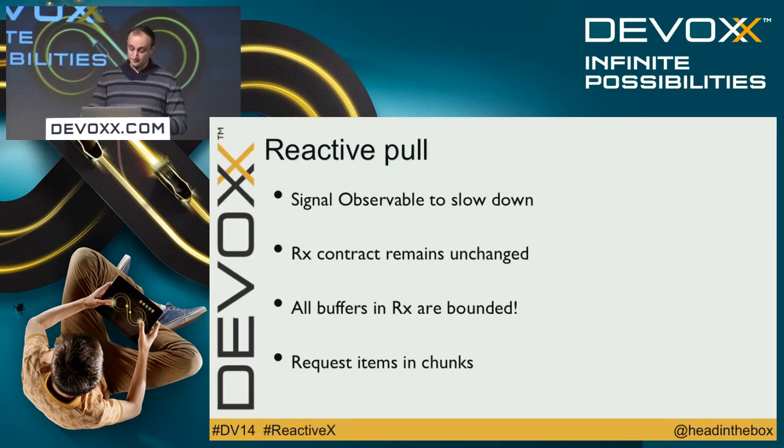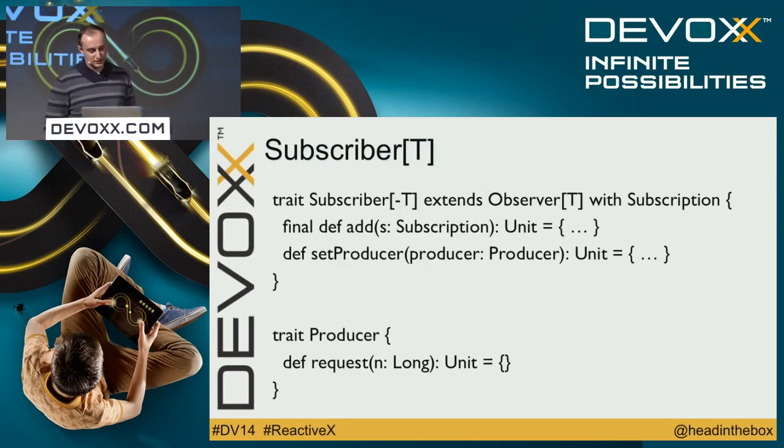All right. So what this looks like in the code is that we have the subscriber object, which extends observer. That's why I said earlier that, when talking, I often use subscriber and observer interchangeably. But what we can do is basically set a producer on an observer, right?